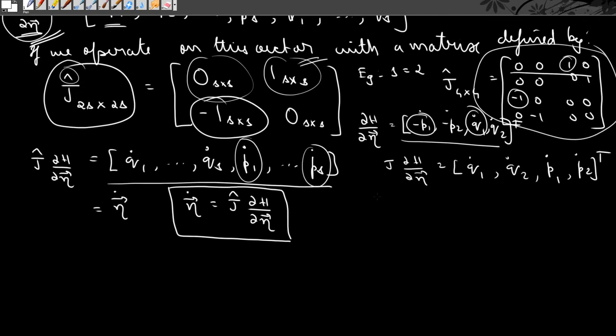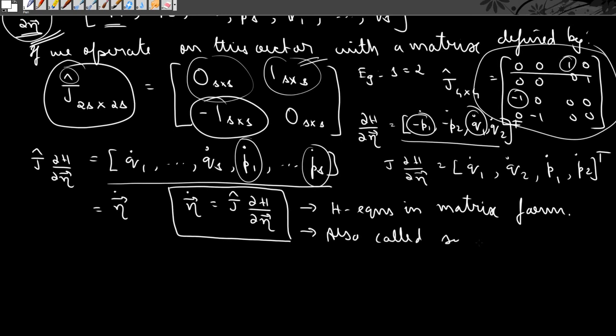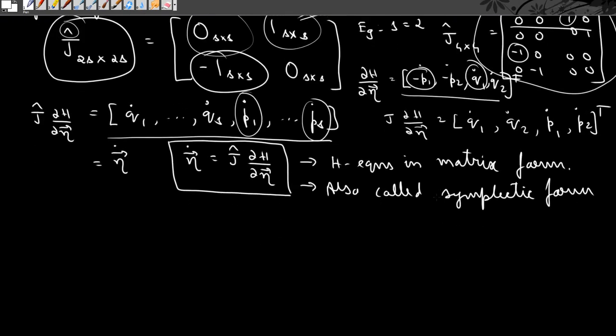Therefore this is nothing but Hamilton's equations in matrix form. This is also called, just nomenclature, the symplectic form, and that is why the name symplectic approach to canonical transformation.